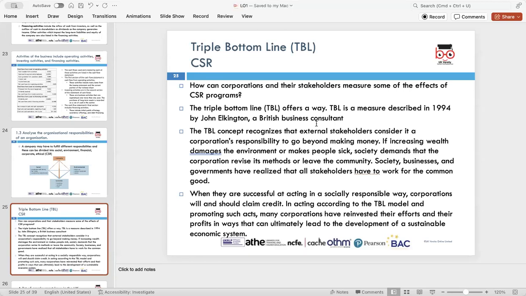The concept of TBL acknowledges that stakeholders from the outside view it as the obligation of corporations to go beyond merely producing money, even if the accumulation of riches causes harm to the environment or causes individuals to get ill. Society will demand that the firm either change its practices or leave the community.